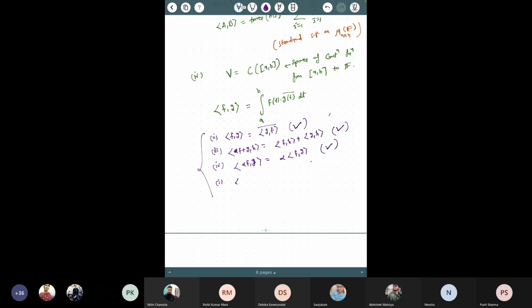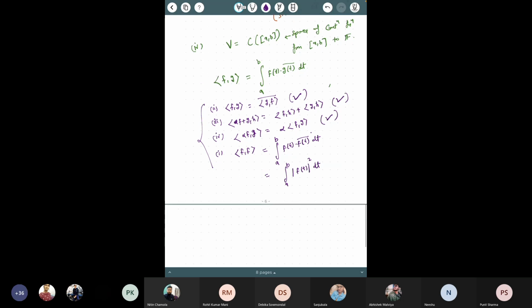If I look at the inner product of f with itself, by this definition it is the integral from a to b of f(t) times f(t) bar dt, which is the integral from a to b of mod f(t) squared dt. Mod f(t) is a non-negative function.